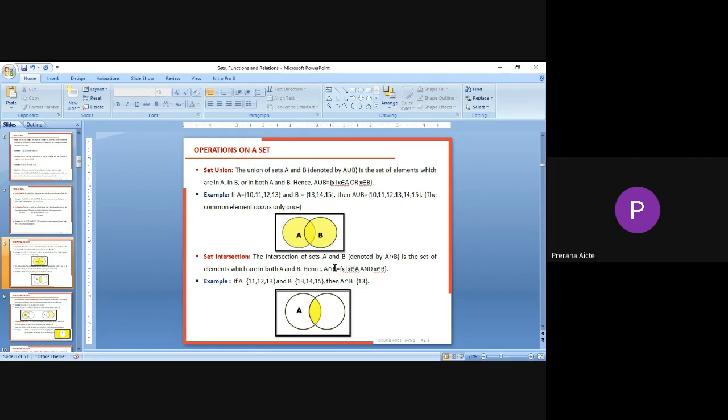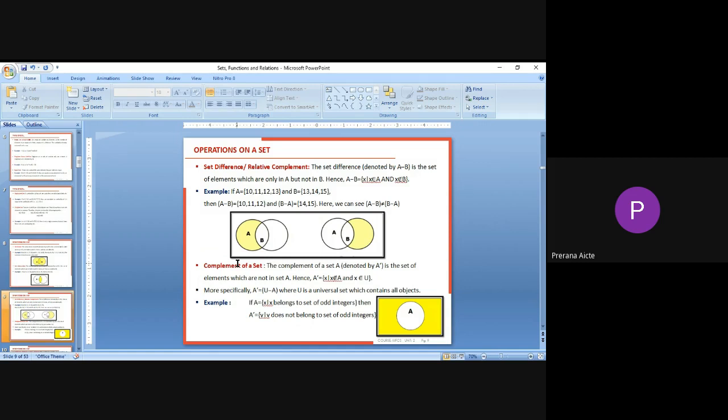That means A intersection B equal to X, such that X belongs to A and X belongs to B. Here, A equal to 11, 12, 13, B equal to 13, 14, 15, and A intersection B equal to the element which is common in both the sets, which is 13, so that is represented here. And this is the Venn diagram representation. The area which is common to both set A and set B, represented in yellow color, belongs to the set intersection operation.